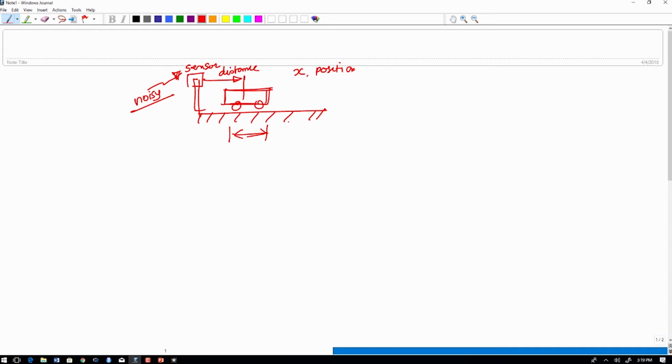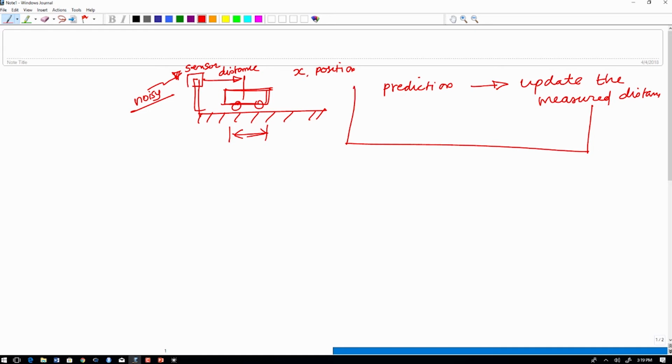What the Kalman filter does is it uses some prediction algorithms and then uses these prediction algorithms to update the measured distance, and then the updated distance is used to predict.